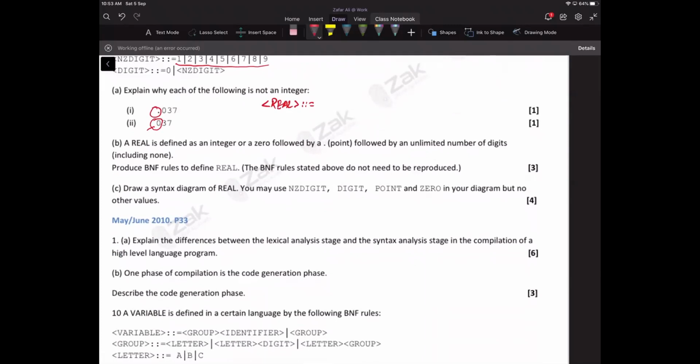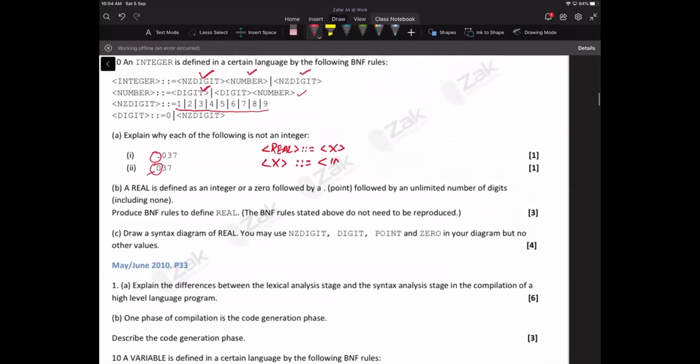So let's call it x, and then define x. X is defined as an integer or 0.